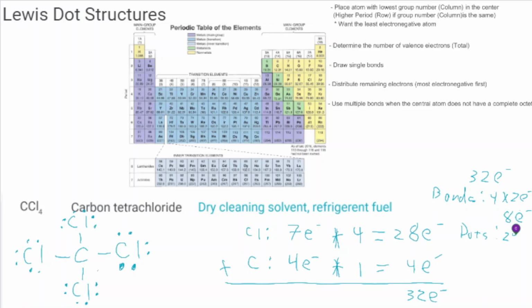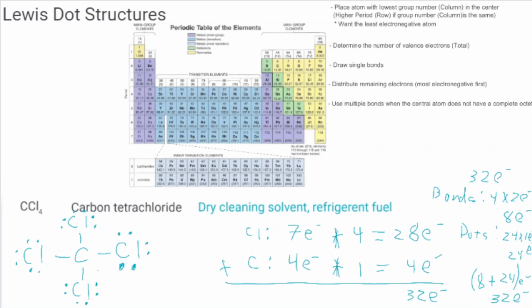So 24 times 1 electron will give us 24 electrons. So if we do 8 plus 24 electrons, that will give us 32 electrons. And so we want to make sure that both these answers match. If they don't, then there's something else we need to do.